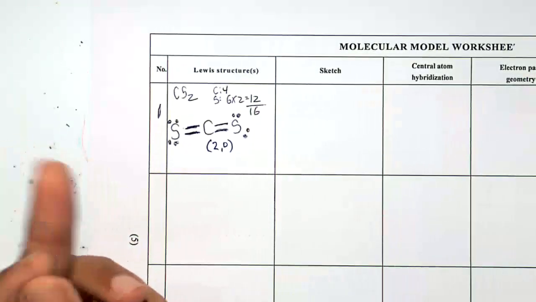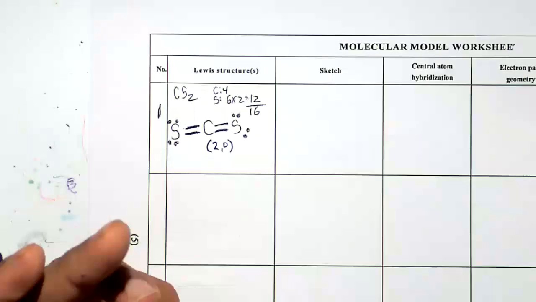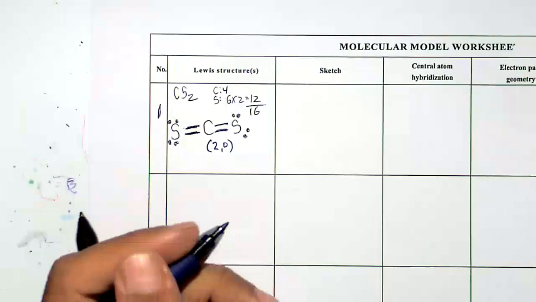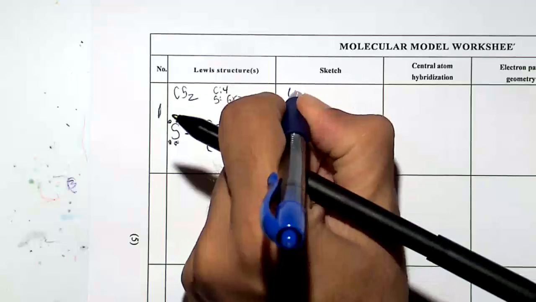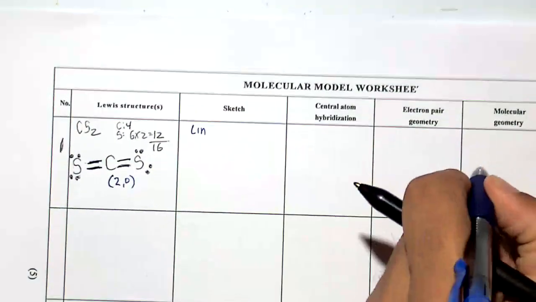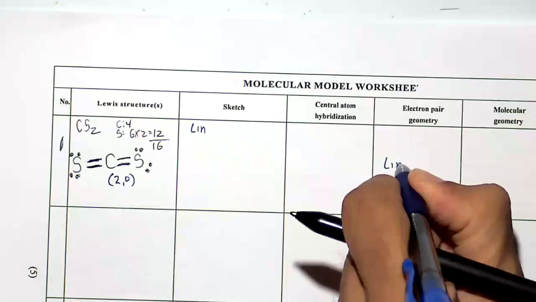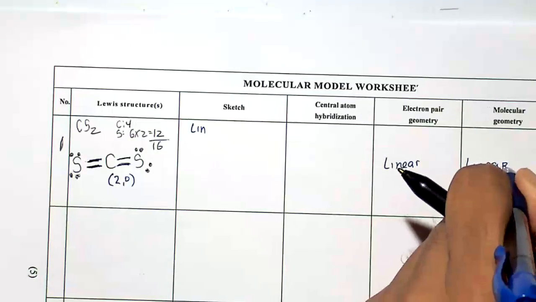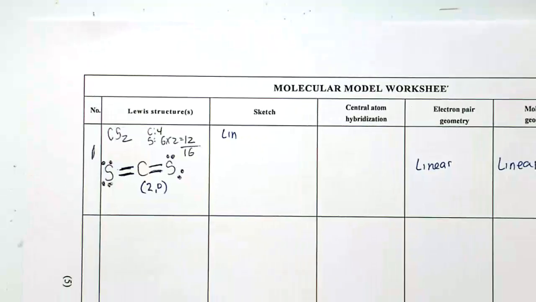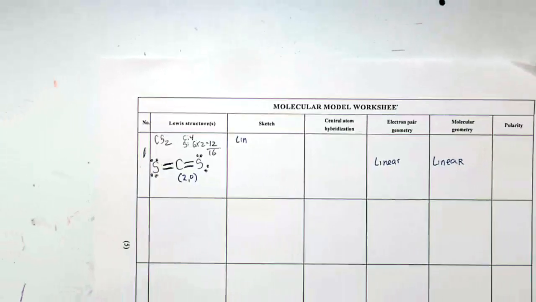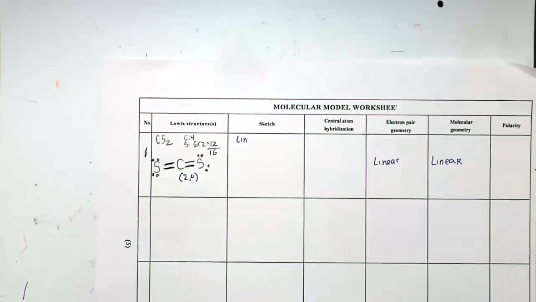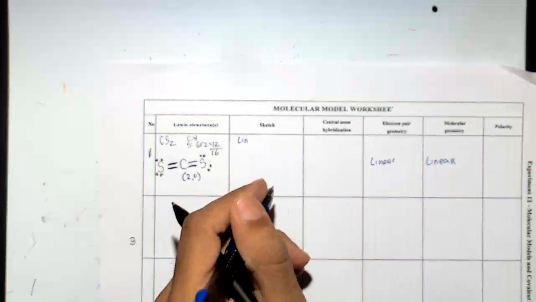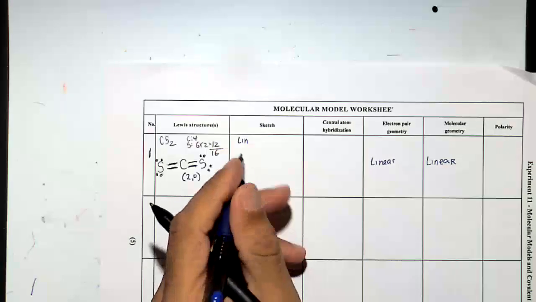Do you have that sheet? 2 bonding, 0 lone pair. Linear. So the molecular geometry and the electron pair geometry is linear. You can look that up on the sheet that I handed out.